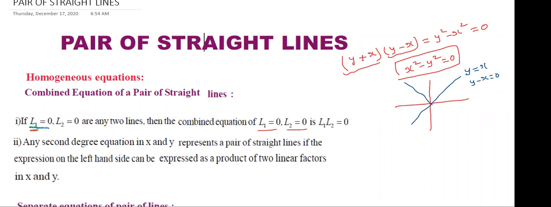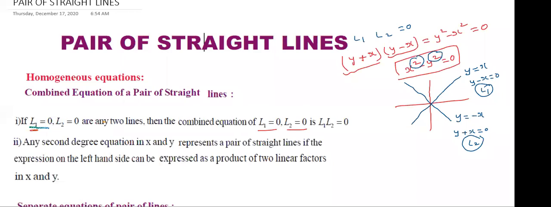This is the second line, y is equal to minus x, y plus x is equal to 0. This is line L1, this is line L2. The combined equation of L1, L2 is called a pair of lines. And observe here, the pair of lines has degree 2.